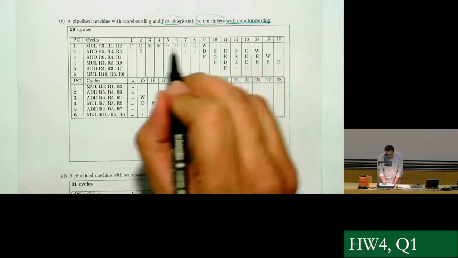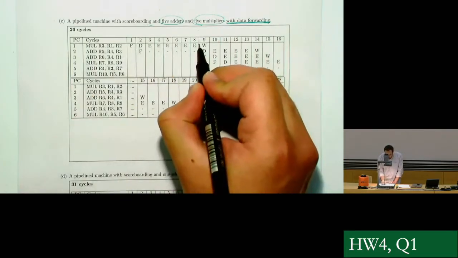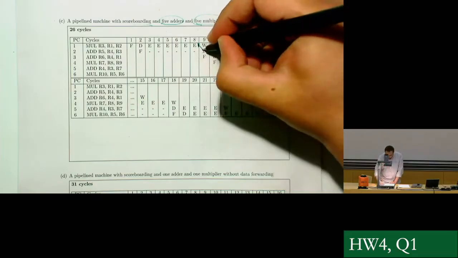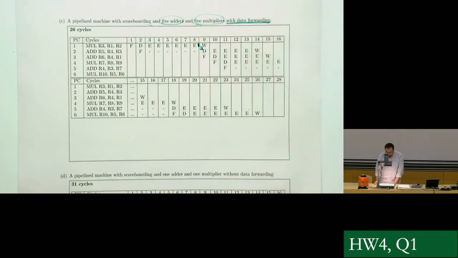The result of the first instruction is ready at the end of the 8th cycle, so we don't have to wait for it to be written into the register file and then read it from there. In this case, we have data forwarding. I just assume that this data forwarding happens from the end of the multiplier or adder to the decode stage, which gives me this kind of dependency here.